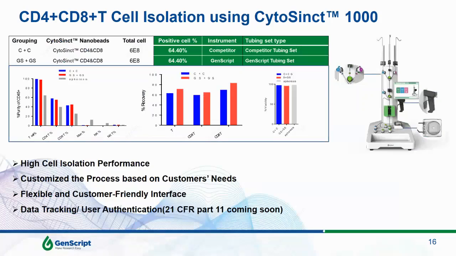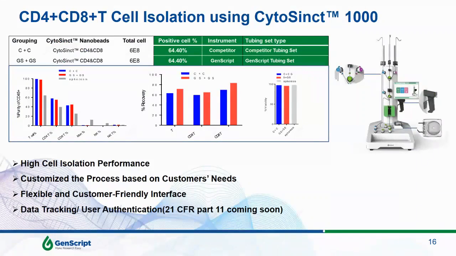Here is representative application data for CD4 and CD8 isolation, a side-by-side comparison of cell isolation beads, tubing set, and the instrument between ours and the competitors'. We can observe that our cell isolation solution provides comparable isolation performance regarding purity, recovery rate, and cell viability.